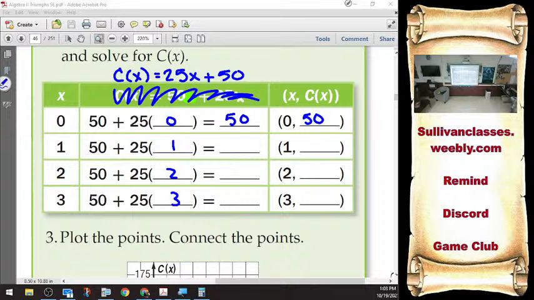Okay? This rate X plus start is very, very, very common. What's 25 times 1? And then plus 50. 25 times 2. 50. 50 plus 50. 25 times 3. 75 plus 50.